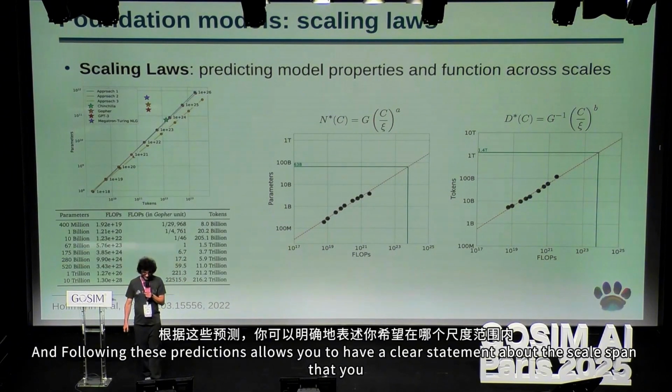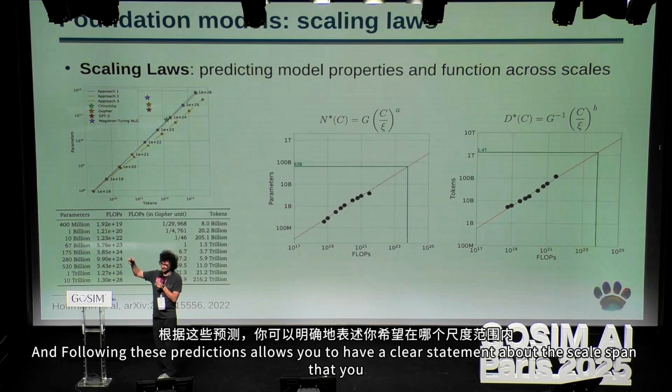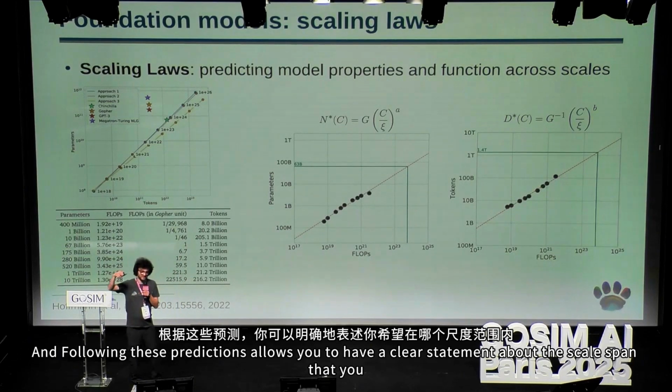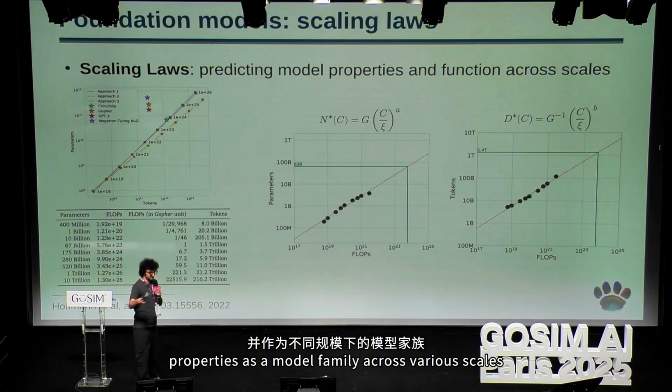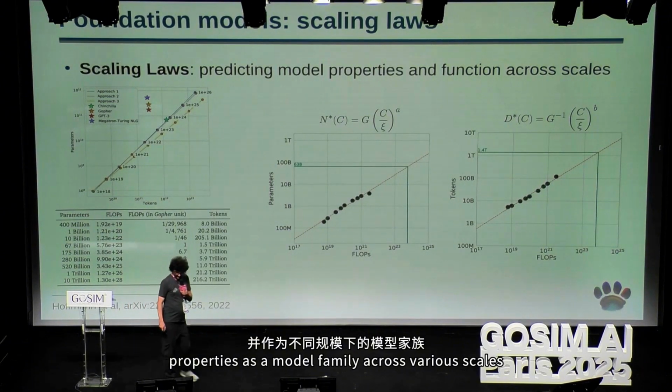Following these predictions allows you to have a clear statement about the scale span that you would like to train your models on to obtain model artifacts of given predictable performance and properties as a model family across various scales.